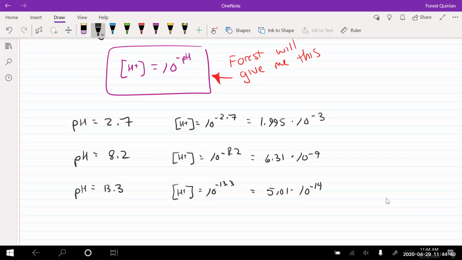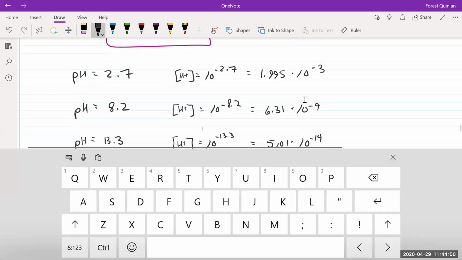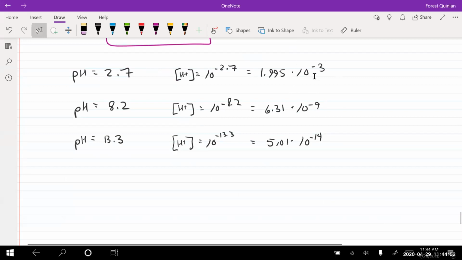By the time we get to 13.3, we are a base. We should have very little H pluses floating around. And hopefully you can see that 1.995 to the -3 is much bigger than 5 to the -14. As we become more basic, our concentration of H pluses drops off accordingly.